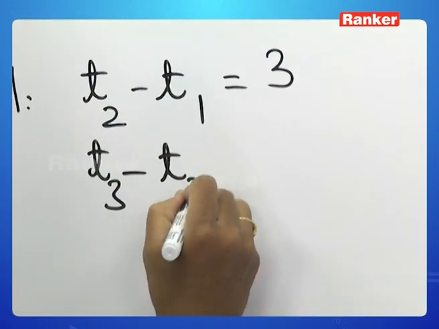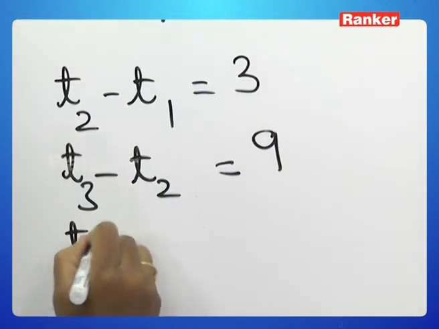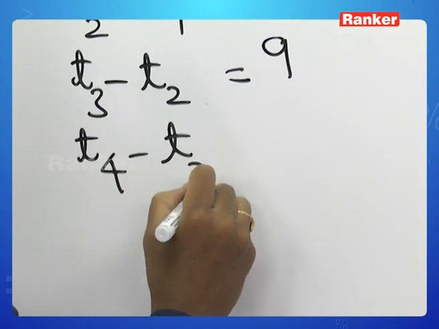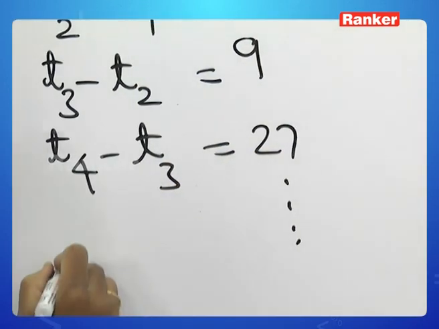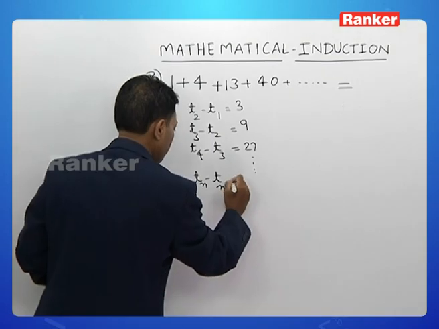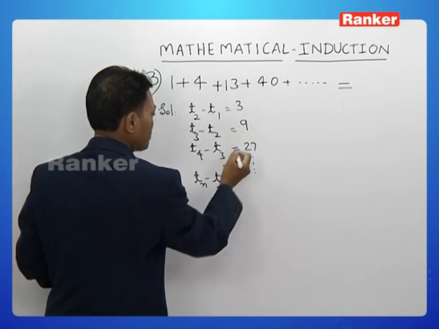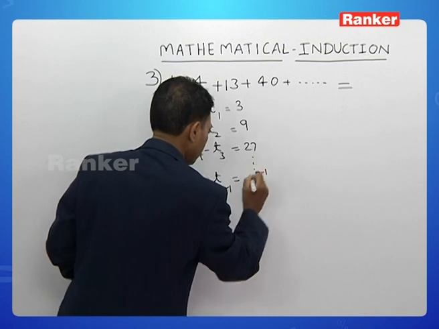T3 minus T2, 13 minus 4, is 9. T4 minus T3, 40 minus 13, is 27. And finally, Tn minus Tn minus 1. Here you got 3 power 1, 3 square, 3 cube. So, this is 3 to the power of n minus 1.